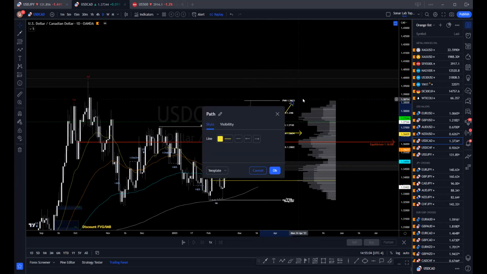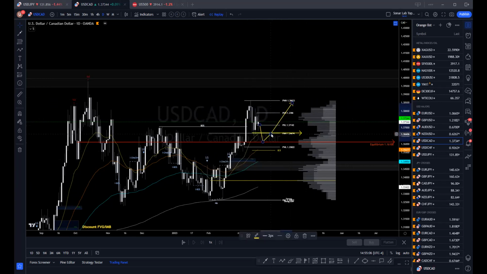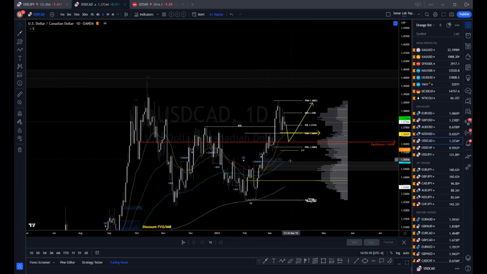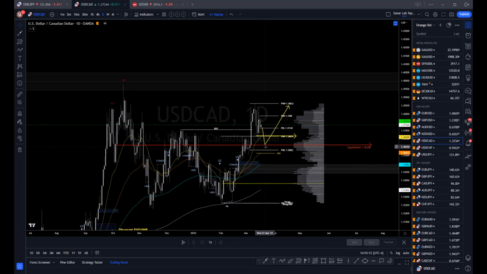Okay. So with that being said, I am a little bit short-term bearish on dollar CAD, but we need to stay below 1.366 even. If I don't see that on Wednesday and I see this, we are going higher, okay?